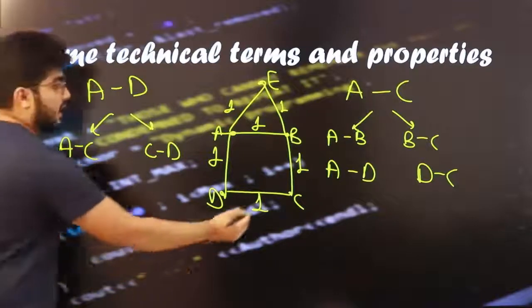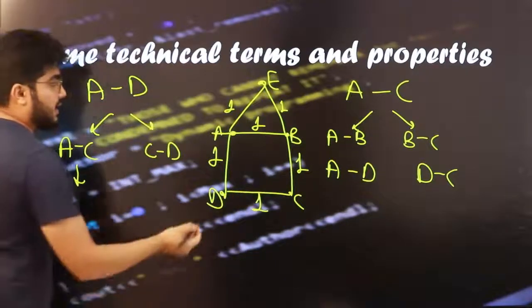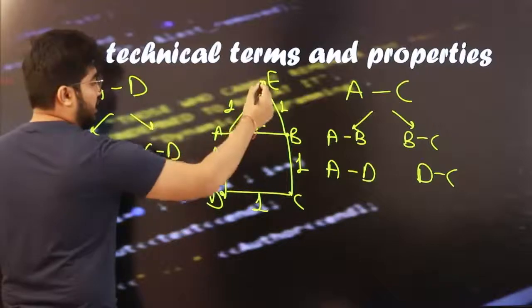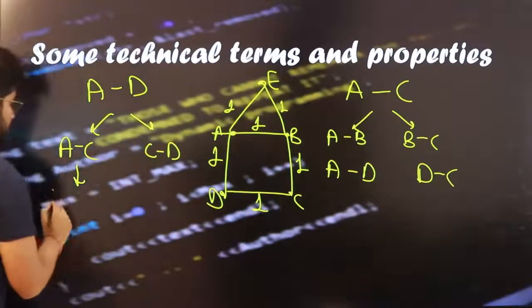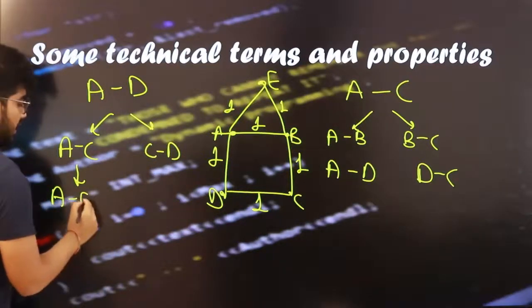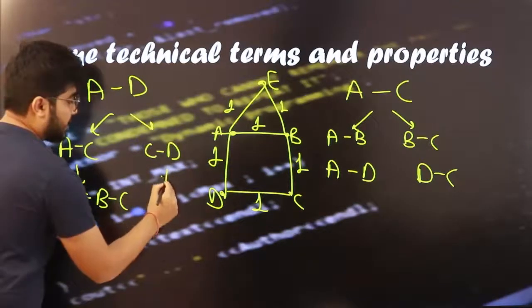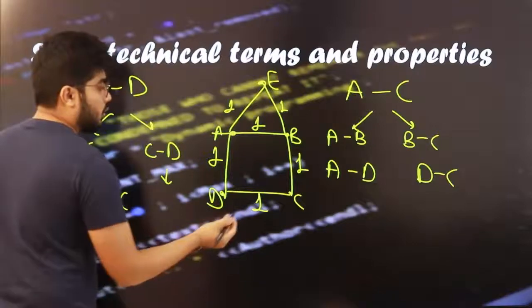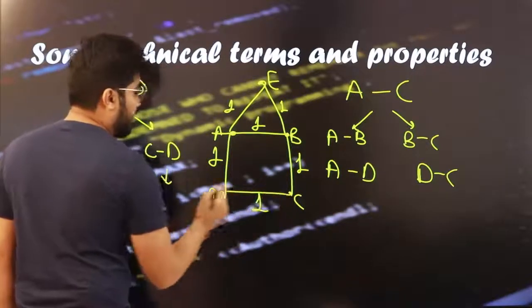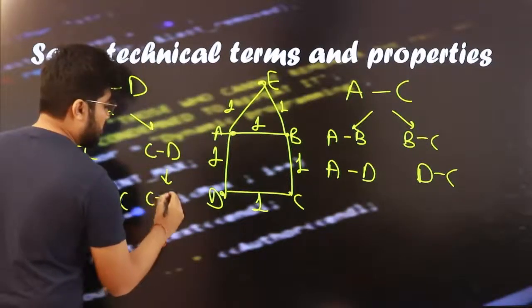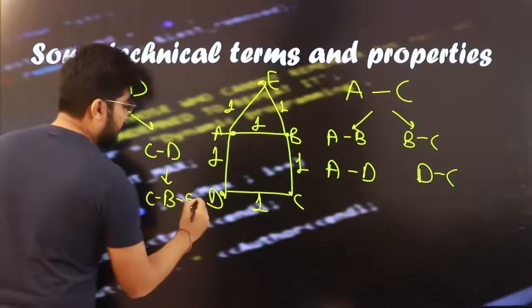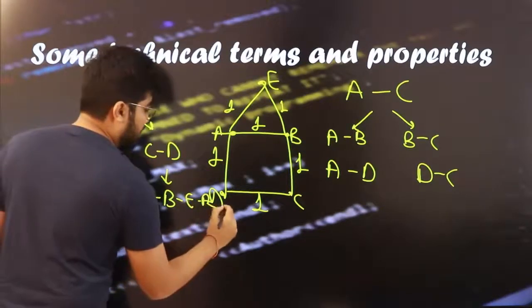Now in order to find the largest path between A to C, I'll say the largest will be A to E to B to C. And the largest path from C to D will be C to B to E to A and to D.